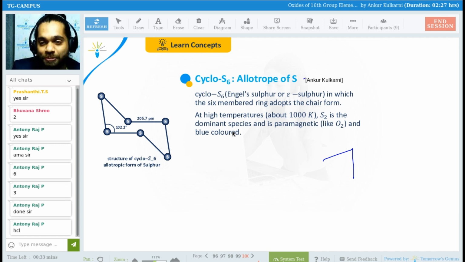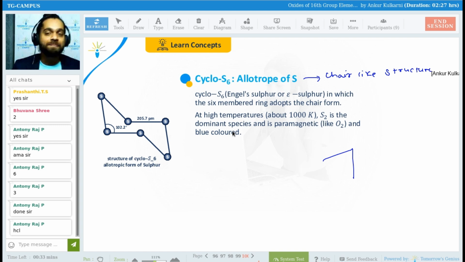Okay, so the S6 allotrope actually looks like a chair-like structure. S6 has a chair-like structure with the bond angle.